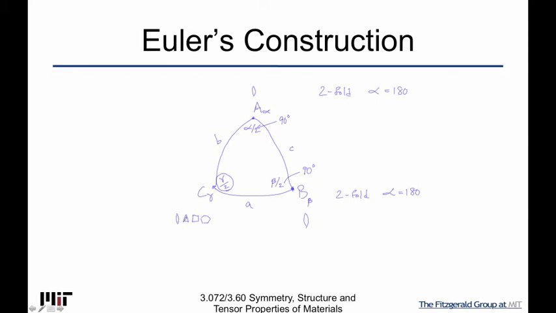So this would be 180 and this is 120, this is 90, and this is 60, but then divide those by 2 in order to get the inner angle here.